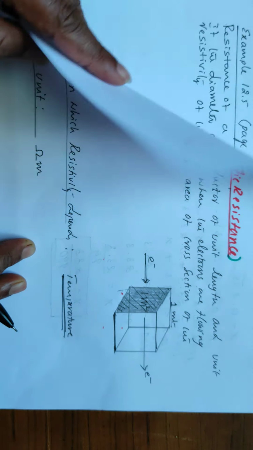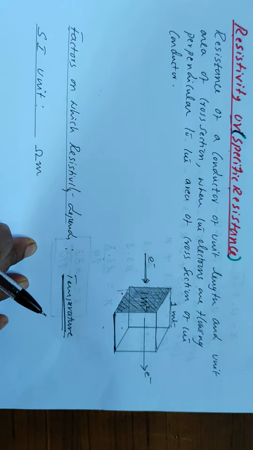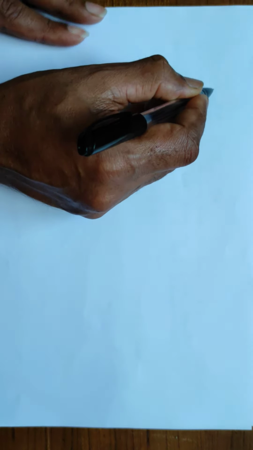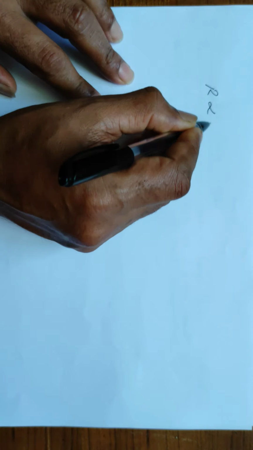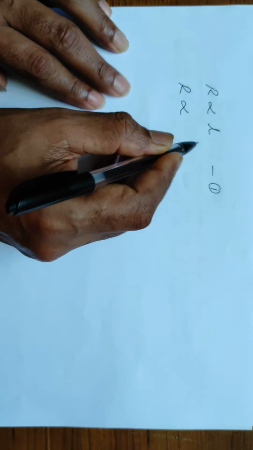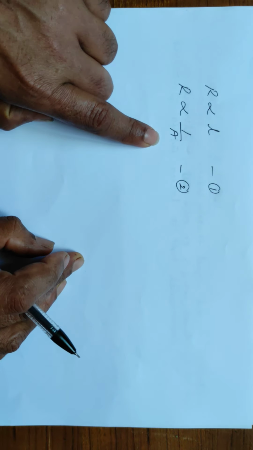So we can derive the formula for resistivity. We know that resistance of a conductor is directly proportional to length of the conductor, and inversely proportional to area of cross section or thickness.